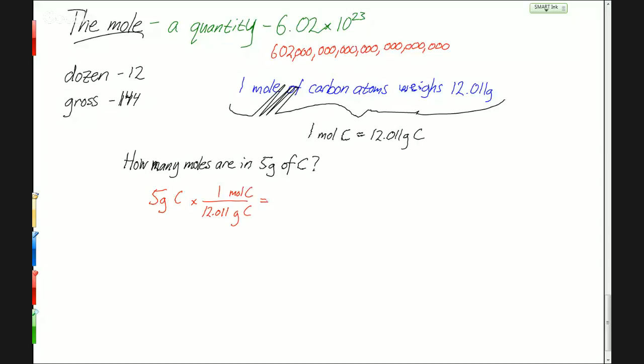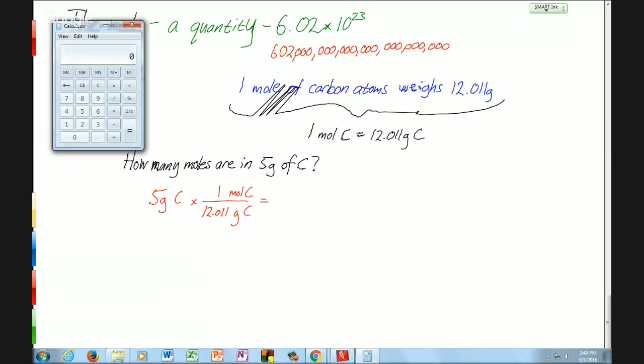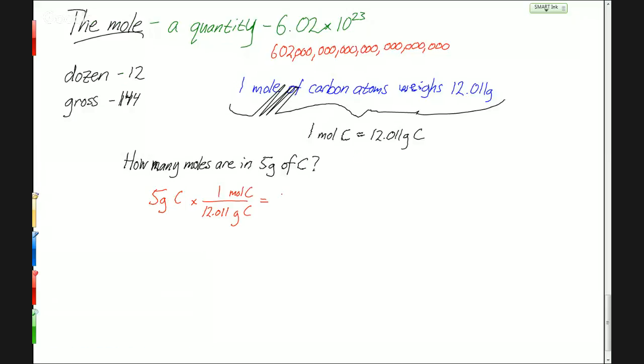And then we can do that calculation just as we did at any other conversion, and say 5 divided by 12.011 is about 0.42.